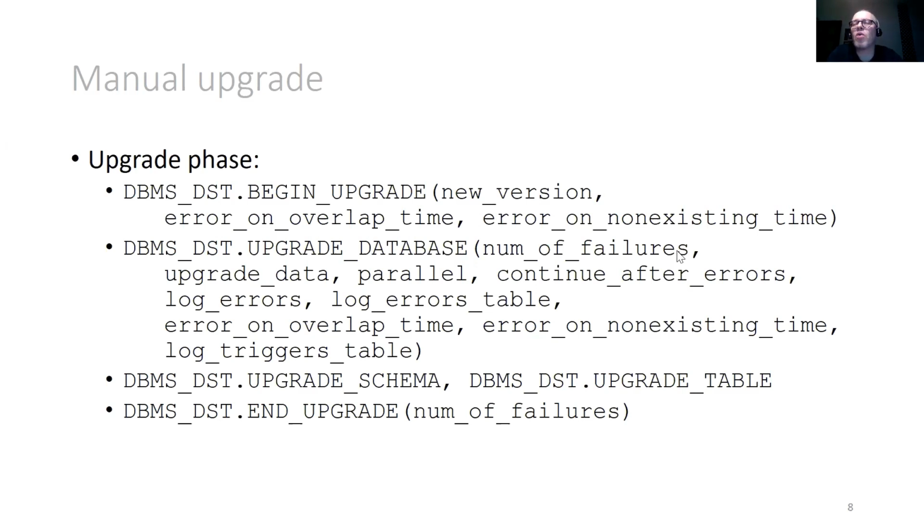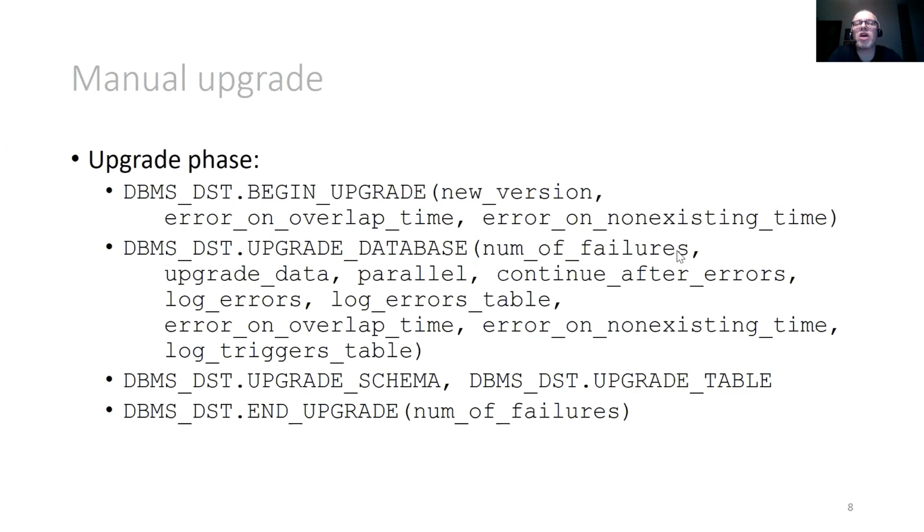You can specify whether you want to continue after errors, right? So if this parameter is false, then the first table that fails for some reason will stop the process. If you specify true, then the upgrade will continue, and then you will get the number of failures at the end, and then you can manually upgrade those tables after fixing whatever issues caused the failure.